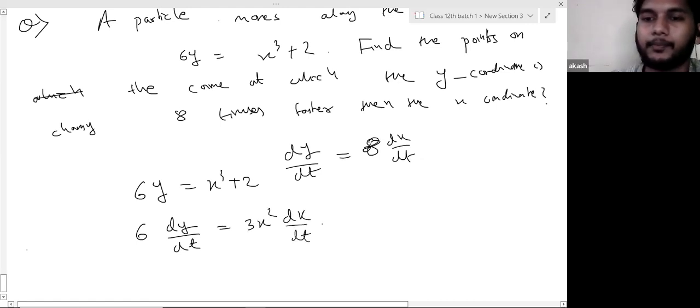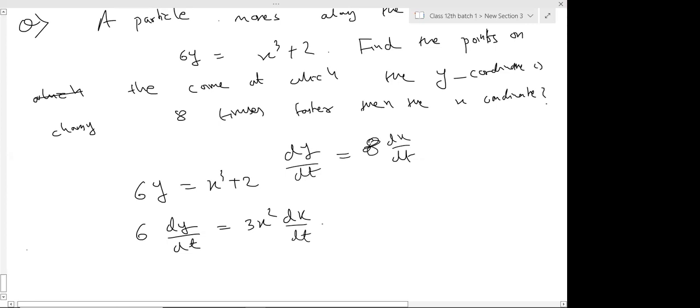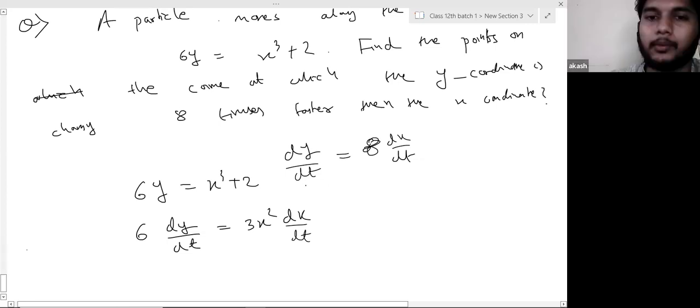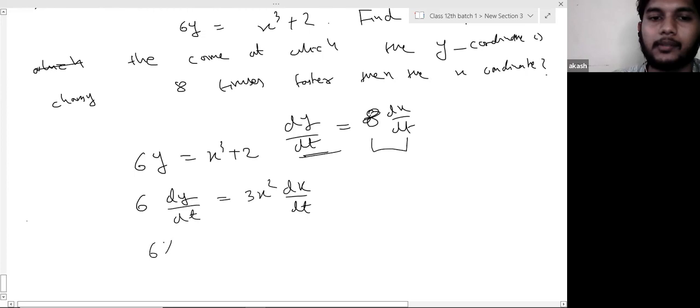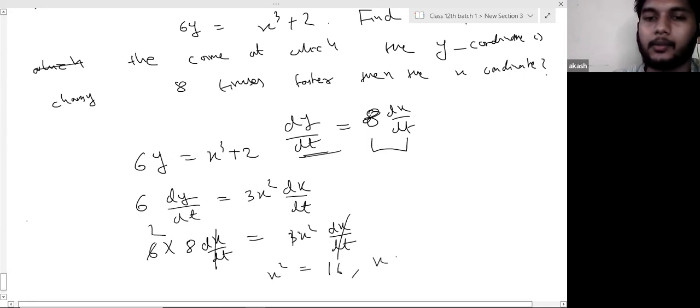Now dy by dt is 8 times dx by dt, so you can substitute: 6 into 8 times dx by dt equals 3x square dx by dt. So this is cancelled, this is cancelled. So x square is 16, so x is plus minus 4.